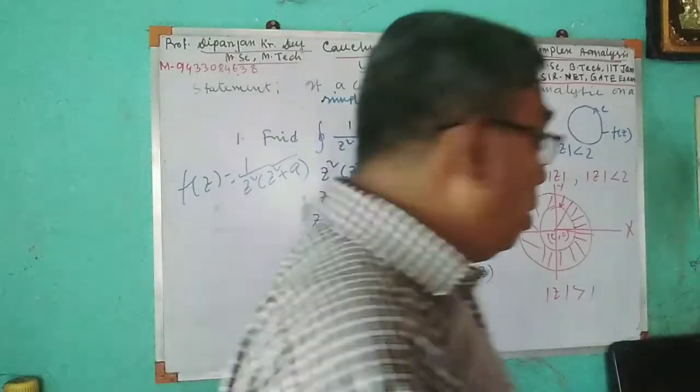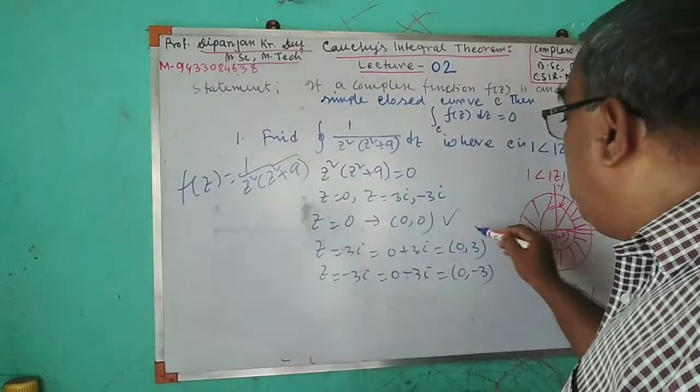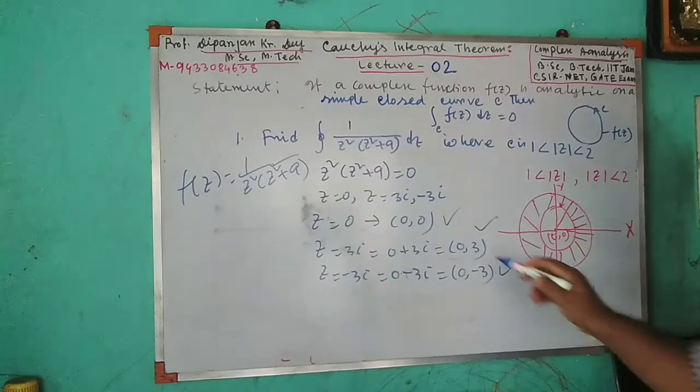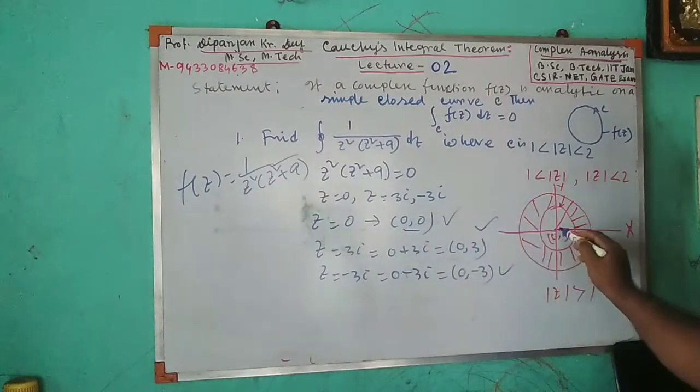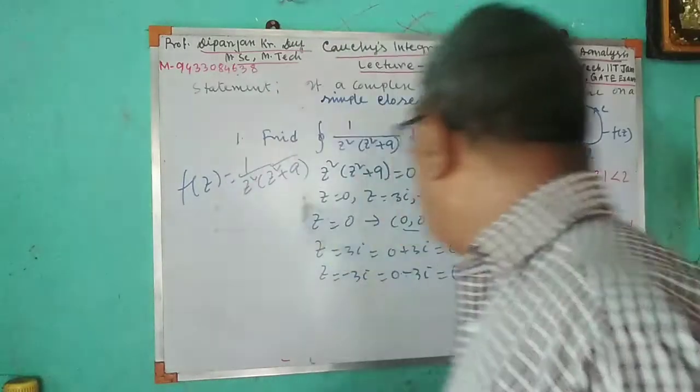After getting the singular points, we have to check whether they lie in the shaded region or not. 0 0 lies inside the circle. 0 comma 3 is outside the circle.